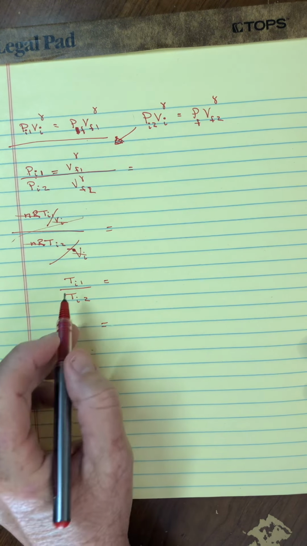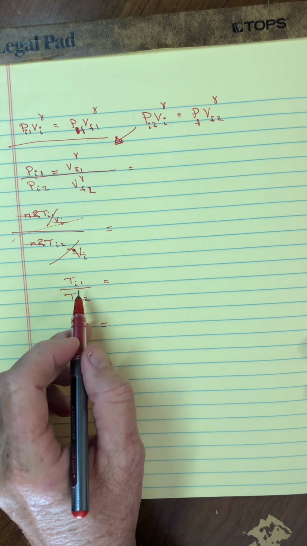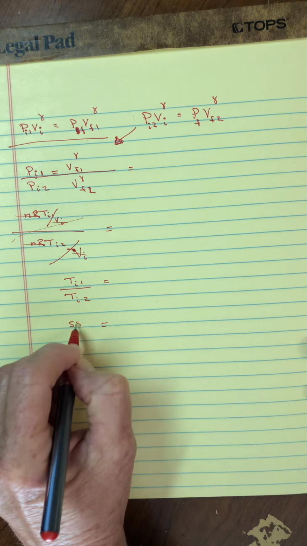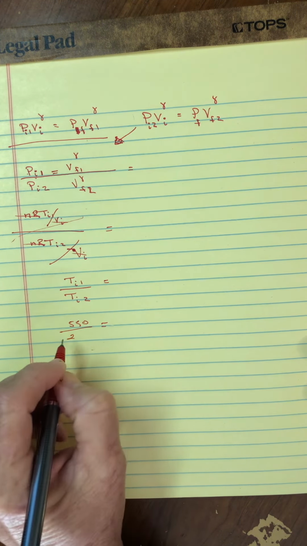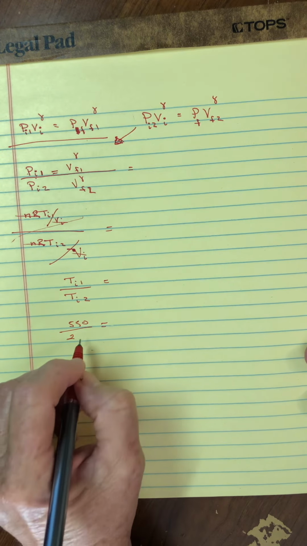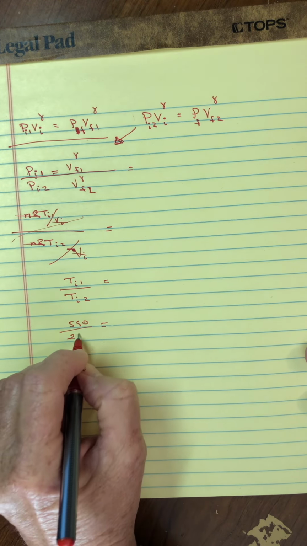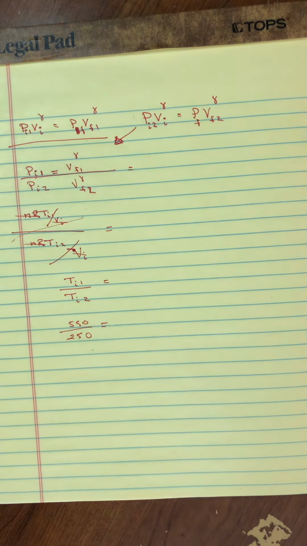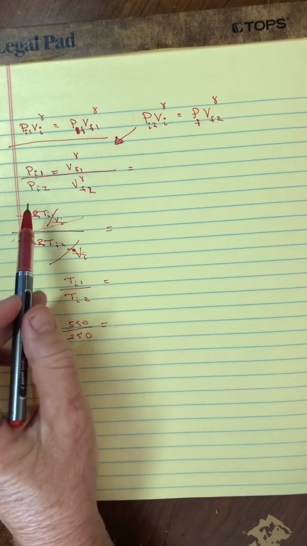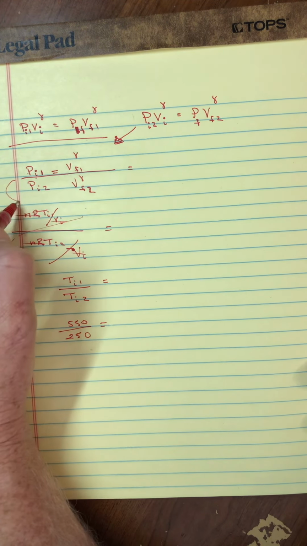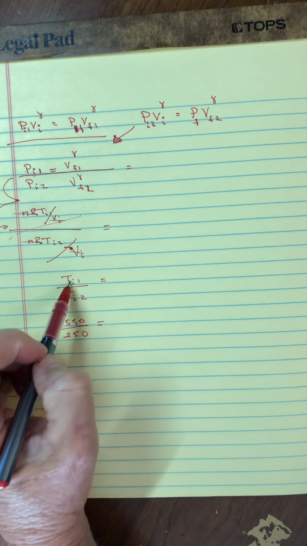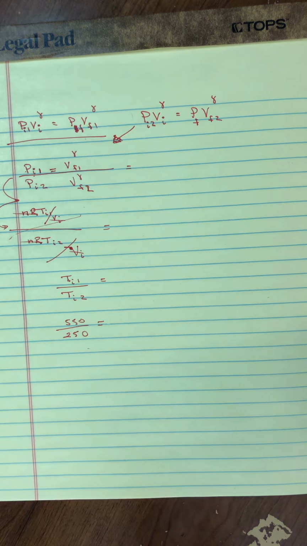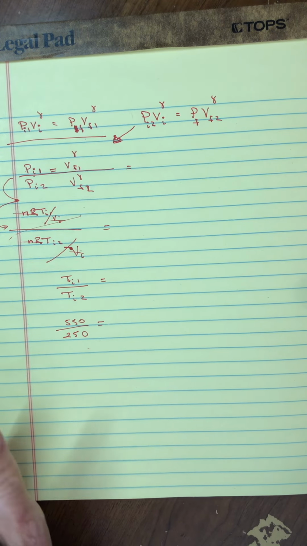And again, those numbers I know. The initial temperature of number 1 is 550, and the initial temperature of number 2 is 250. So that's what I would do with these 2 steps. It's becoming the initial temperature of number 1 over the initial temperature of number 2.